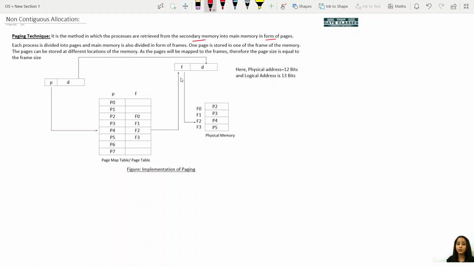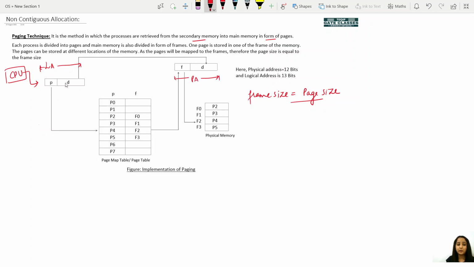And see what happens here. First you need to know that in paging, the frame size should be equal to the page size. Okay. So what happens here? The CPU generates a logical address. This one is the logical address. This is the physical address.